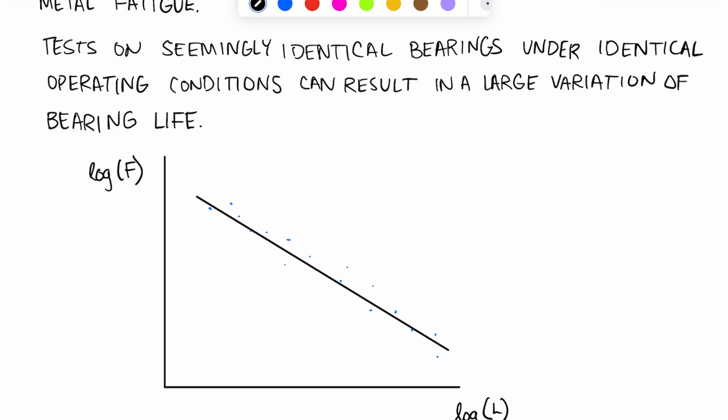And this line is given by the equation F times L to the 1 over A power is equal to a constant.